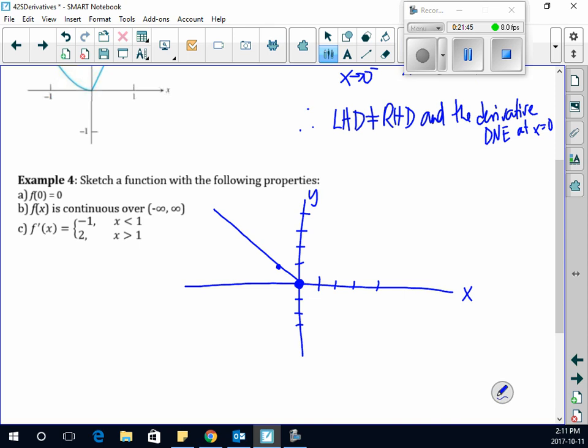And when it gets to 1, it would be at -1. And then on the right of it, it has to be a slope of 2. So at this point, I have to go up 2 over 1. Up 2 over 1. So then it goes straight like that, right?